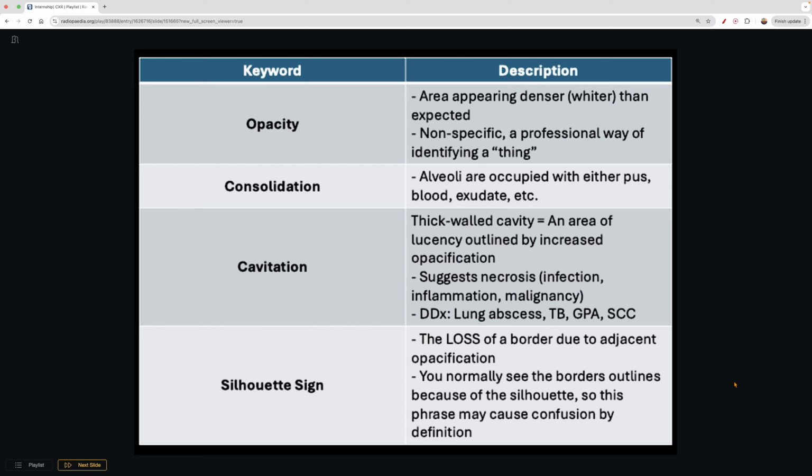So you normally see borders around outlines because of the silhouettes, which makes this kind of confusing, right? Because it's a silhouette sign, meaning it's not there. So it's almost like silhouette sign sounds like it should be there, right? There should be a silhouetting, but the silhouetting out of a structure is the silhouette sign. So that means it loses its border due to some nearby opacification.